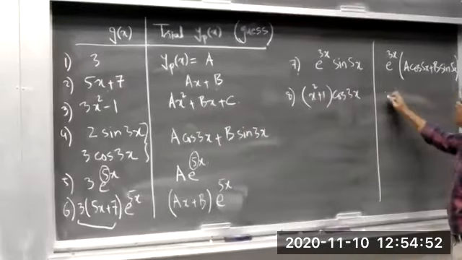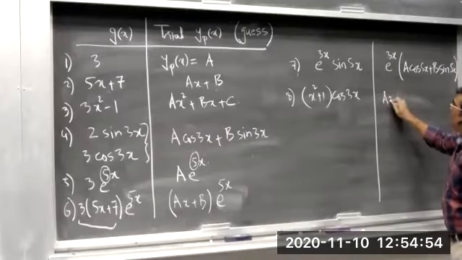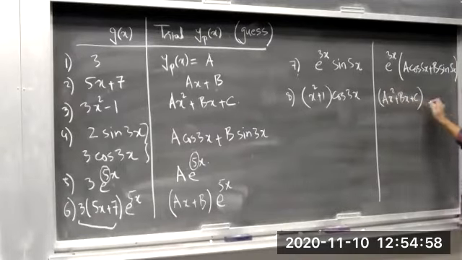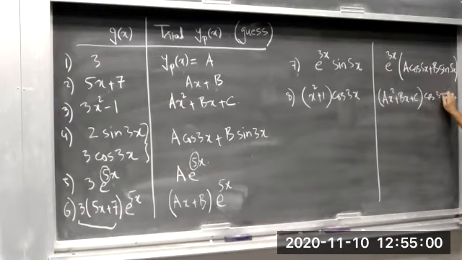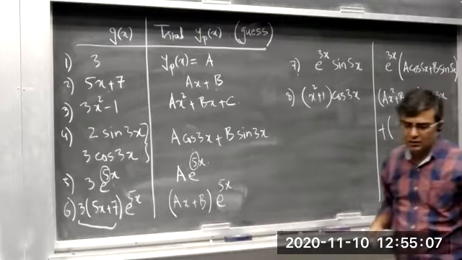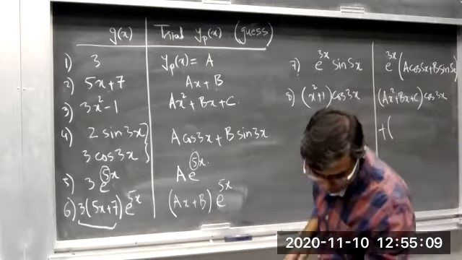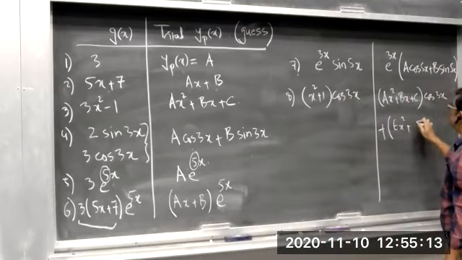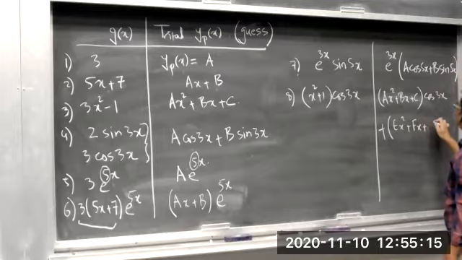Then we can write a x squared plus bx plus c times cos 3x plus, in this case, ex squared plus fx plus maybe h times sine 3x.